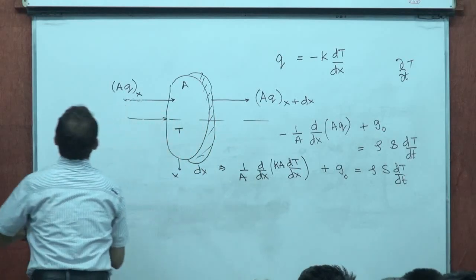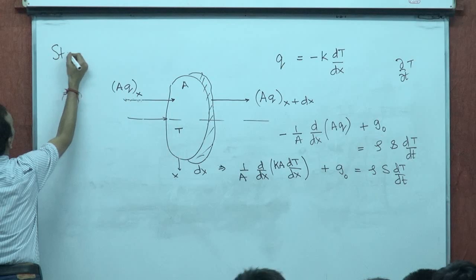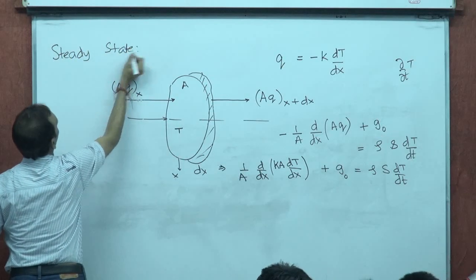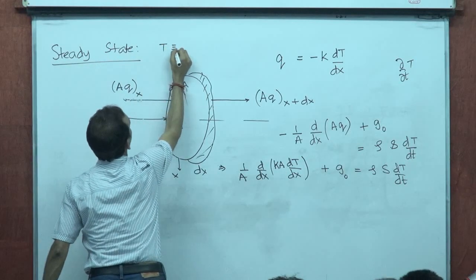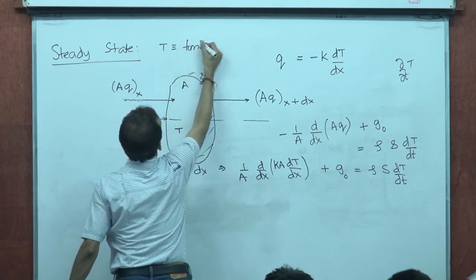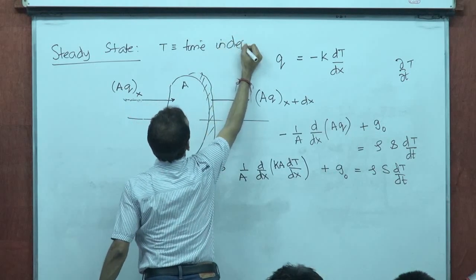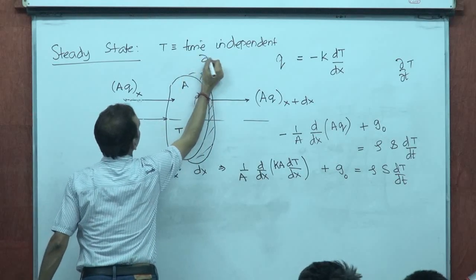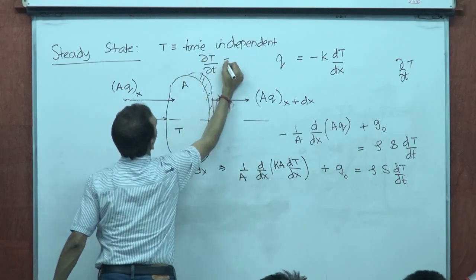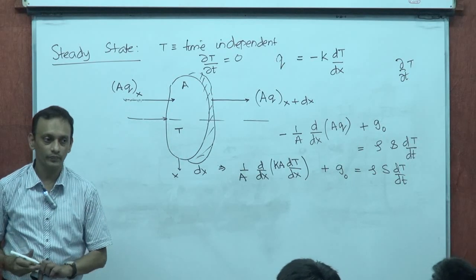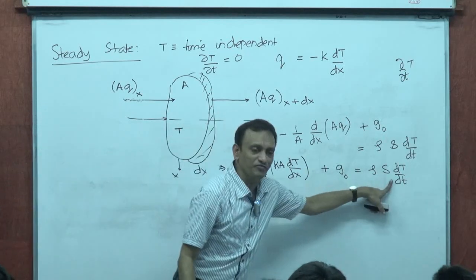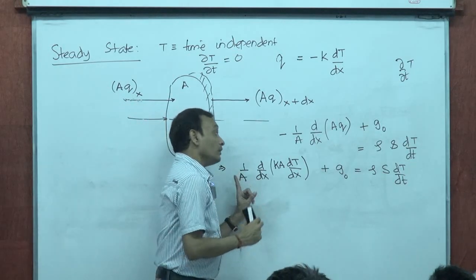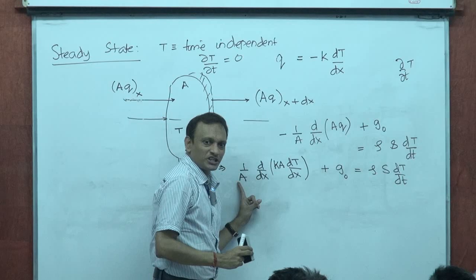When the conditions are steady, T becomes time independent, and the rate of change of T with small t becomes 0. So the right hand side would vanish.